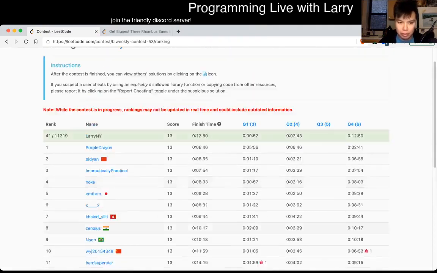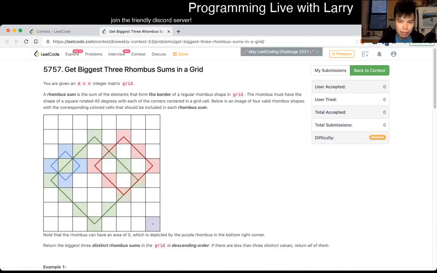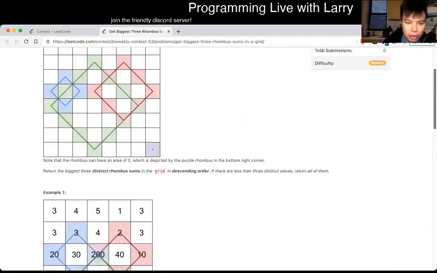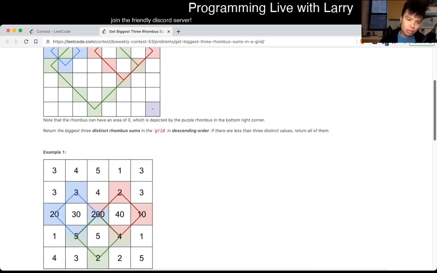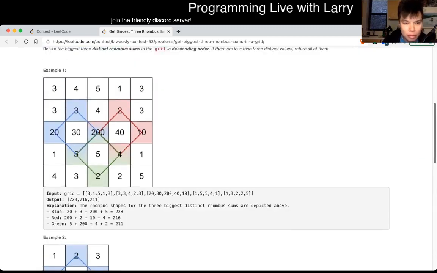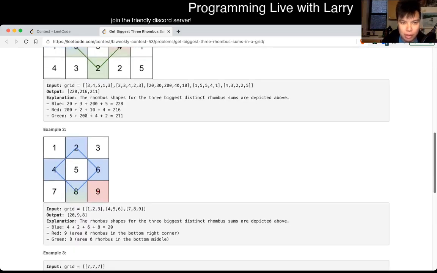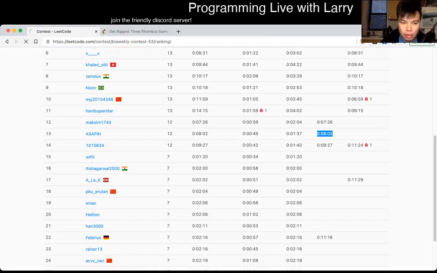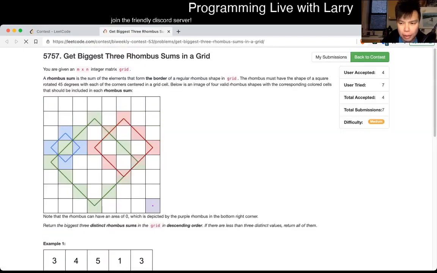But I don't know how to do Q3. People did it pretty quickly. Let's think about it, Larry. Come on. Can't really brute force though, can you? And the biggest rhombus doesn't even factor in necessarily. Four people have gotten it so far.